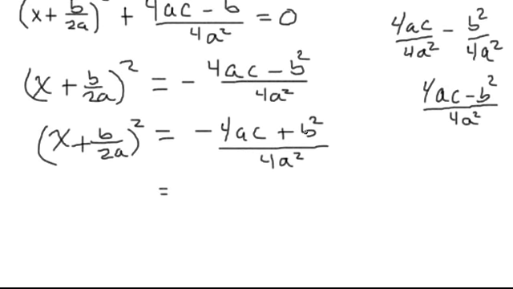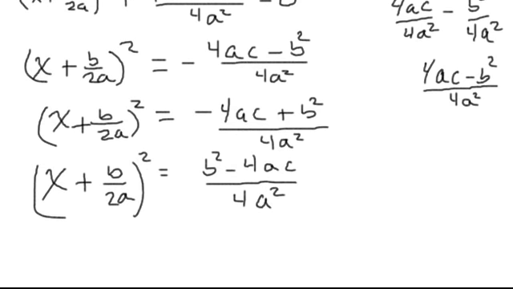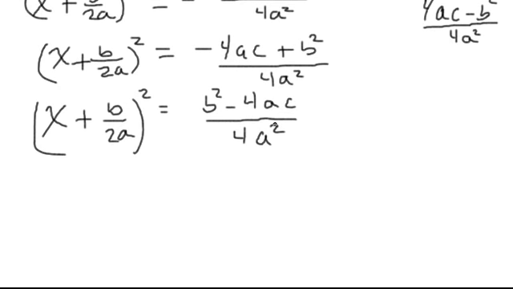Now what I'm going to do is I'm going to go ahead and rearrange this so we have a positive out here in the front. So this is b squared minus 4ac over 4a squared, and this is x plus b over 2a, and that is squared. Now what I'm going to do is I'm going to square root both sides.